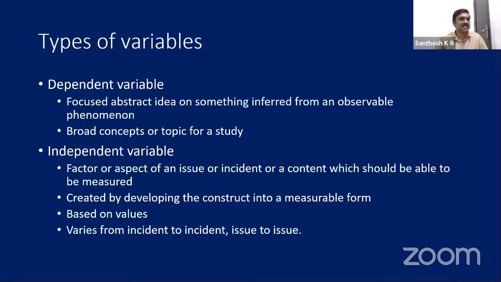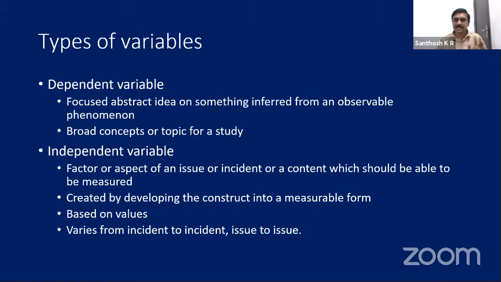Sometimes nature will change the independent variable. Sometimes the experimenter may change the independent variable. Okay. In the case of experimental research, the experimenter will change the independent variable. In the case of ex post facto research, the independent variable is already experiencing a change, and based on that, the dependent variable also may be changing. So it need not always be the experimenter who is manipulating the independent variable. Sometimes we may not be able to manipulate the independent variable. Okay.